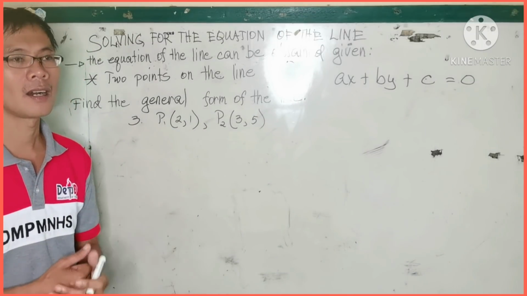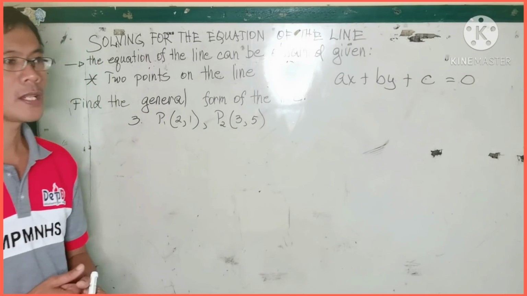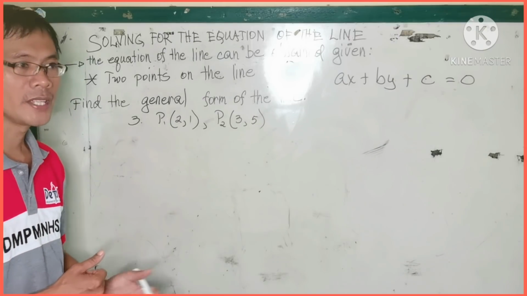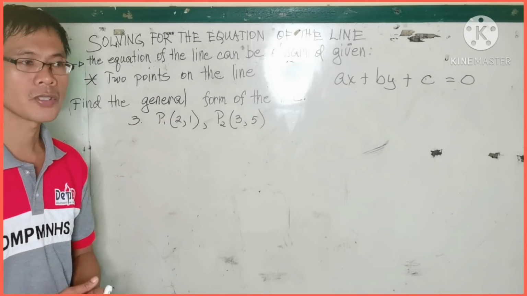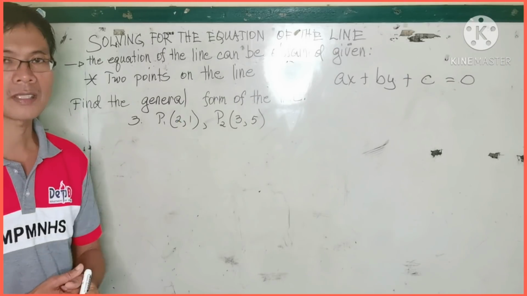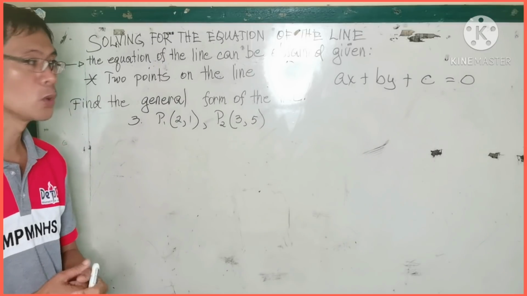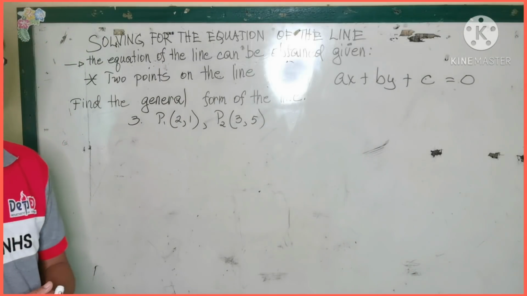Then, solving for the equation of the line. But here, I will also show you the other solution or other way to solve for the equation of the line given 2 points. That is simply making use of the 2-point form of the line.